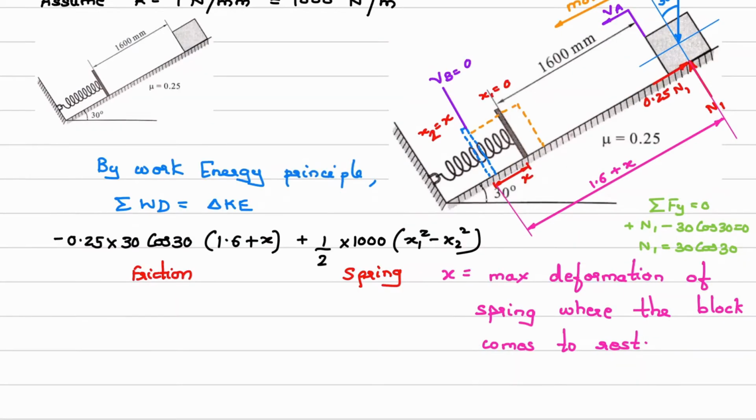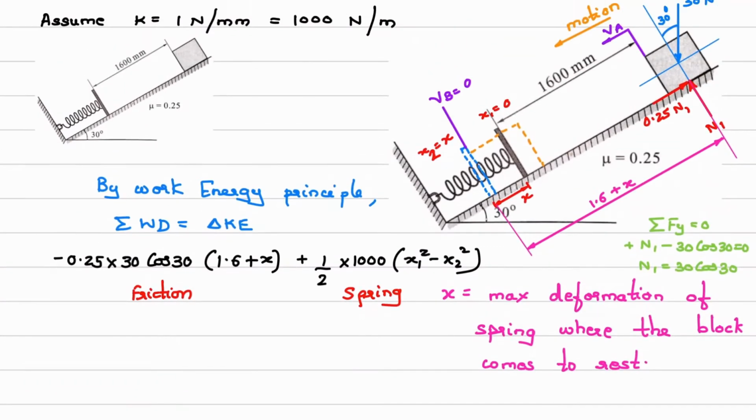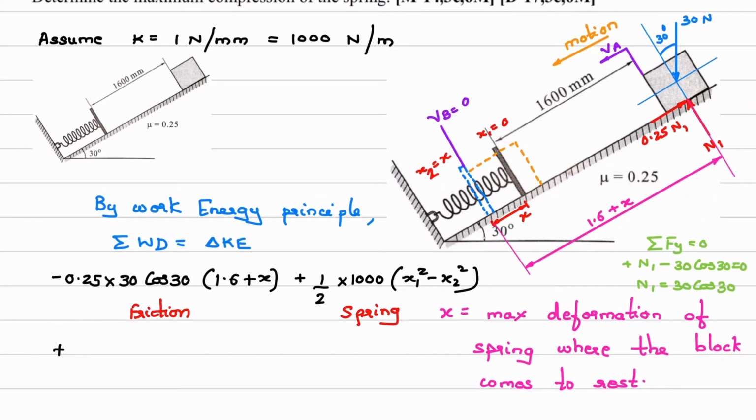Next, I will write down the weight component. Now the weight component, if you resolve this, acts towards the left and it is in the direction of motion, so the work done will be plus. What is the x component of weight? It will be plus 30 sine 30. And what is the displacement of the block? 1.6 plus x.